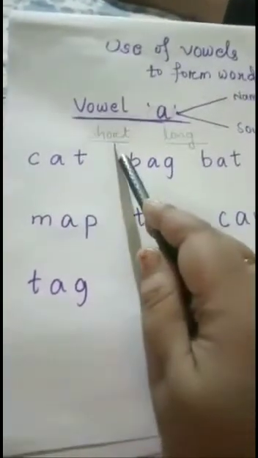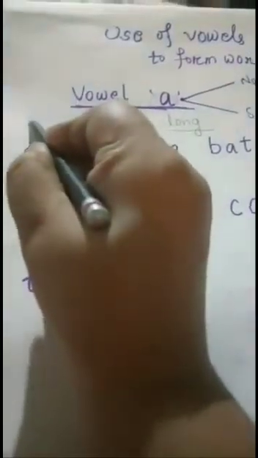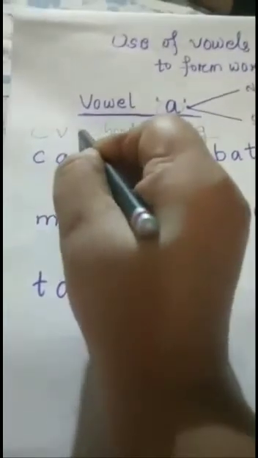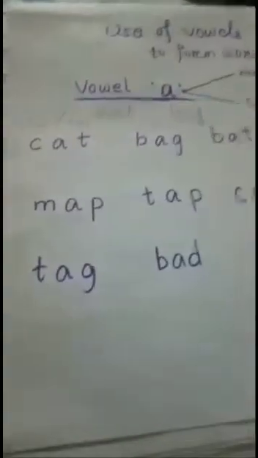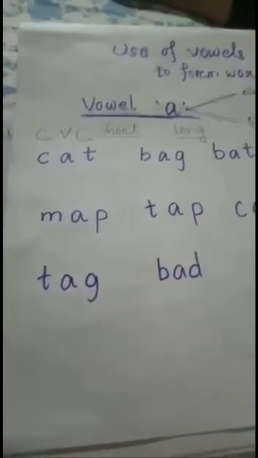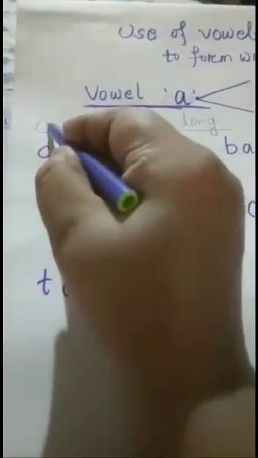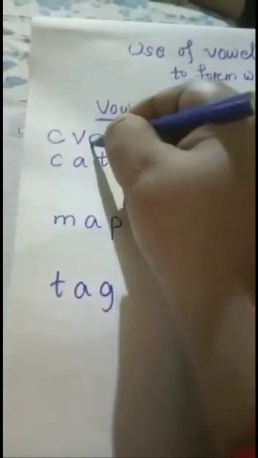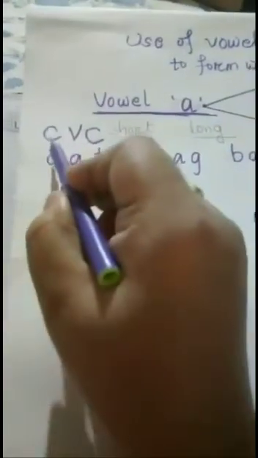In short sound, the formation is like C, V, C. In this way, the word is formed. What is C?